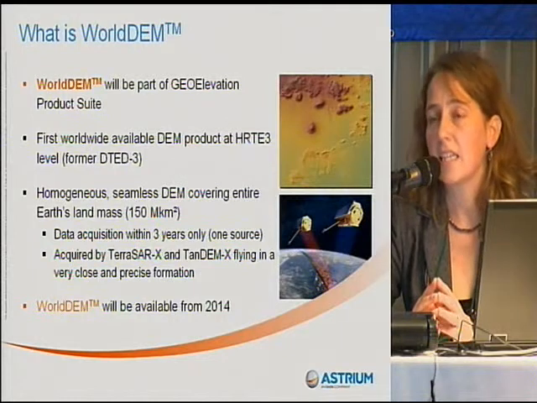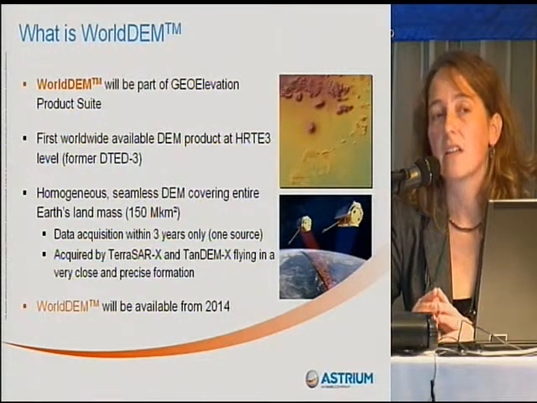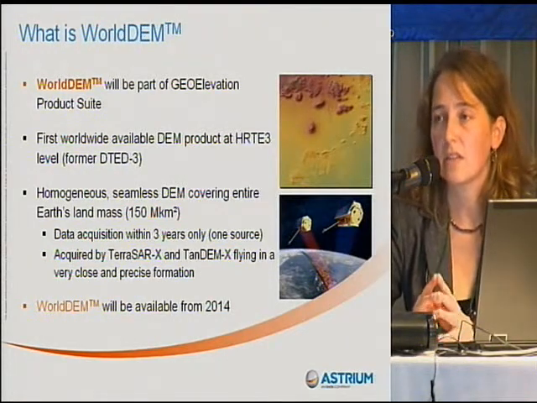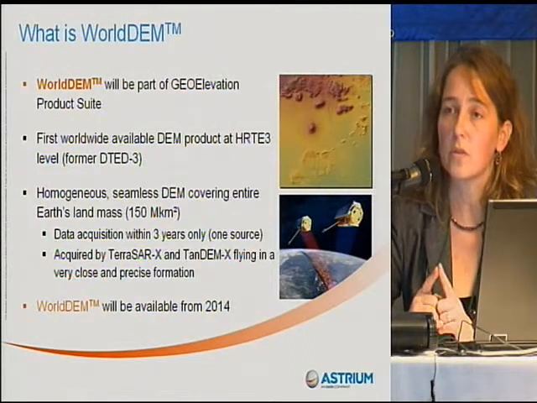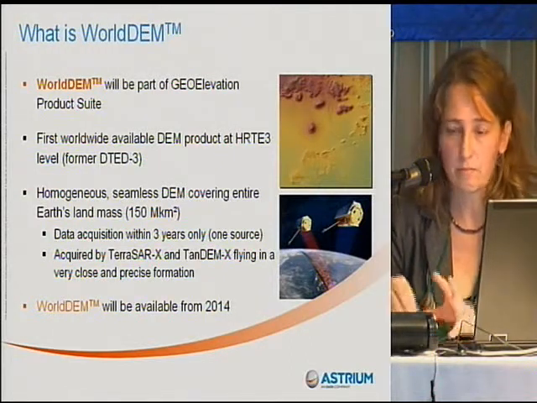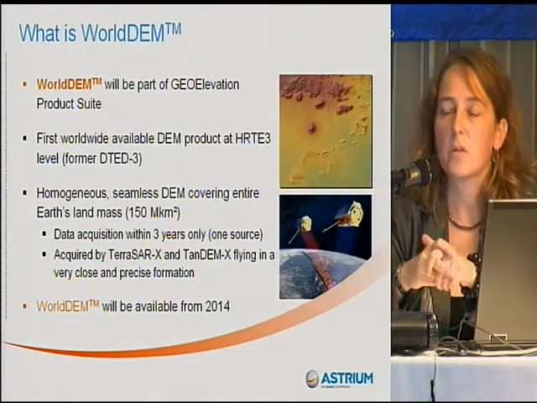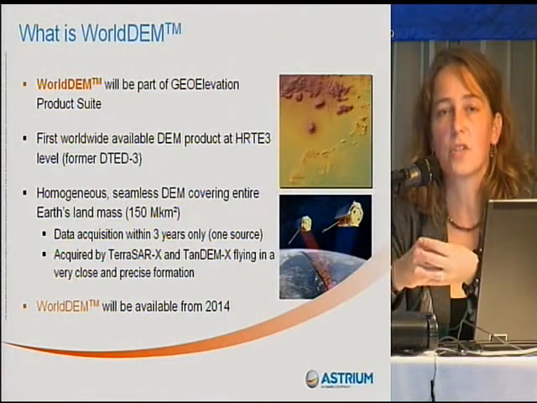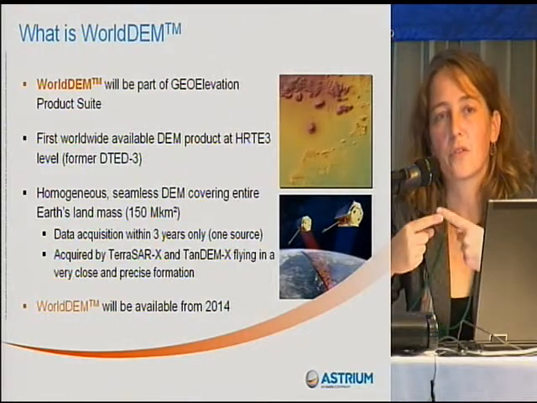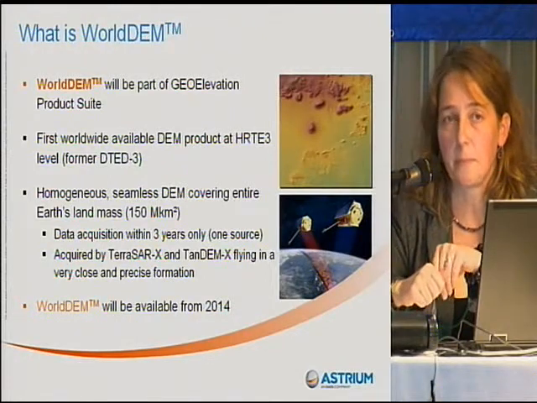So the plan is that within 3 years, the world will be covered at least 2 times per point on Earth. In areas where we have difficult terrain situations, we will have 3 or 4 coverages.